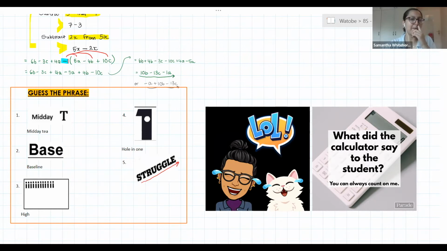Not the struggle is real. All very good suggestions, but not quite. Think about the eyes in the line. Yeah, you guys are getting there. Don't worry, I also didn't get this one. I struggled.